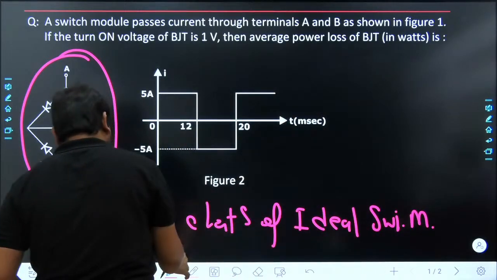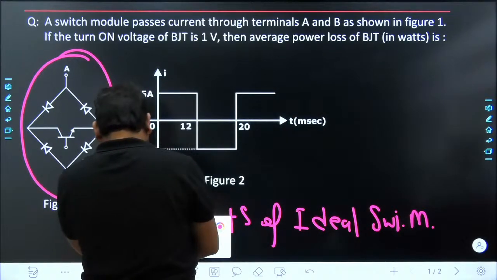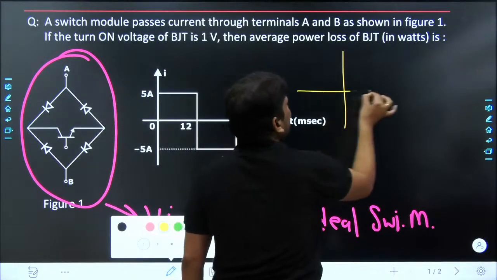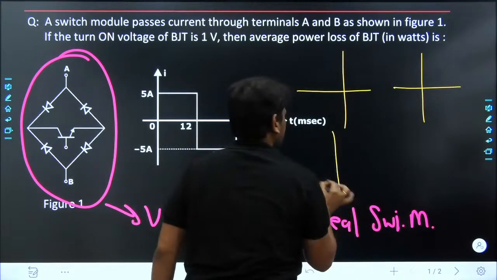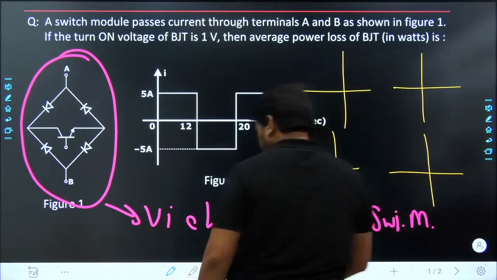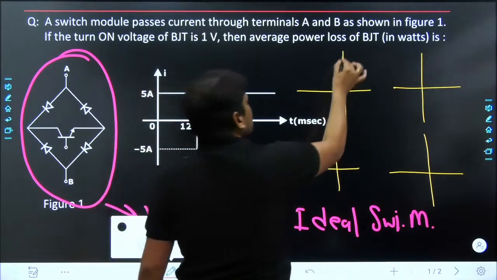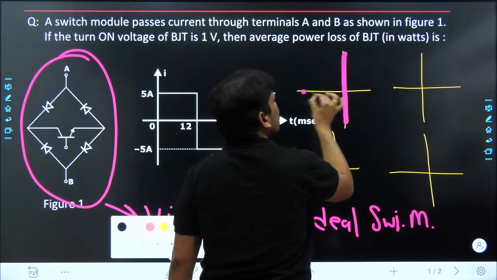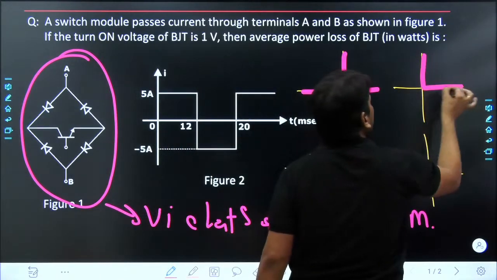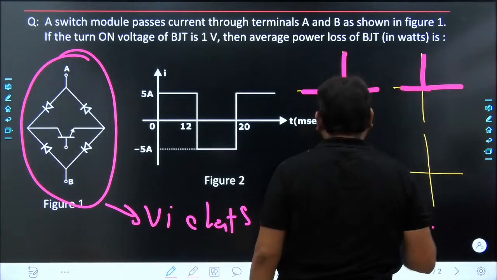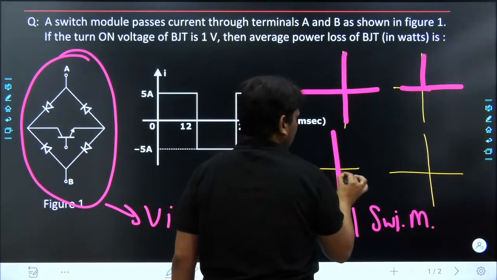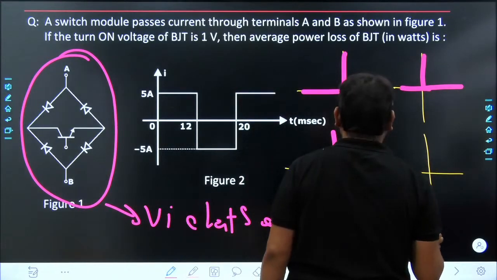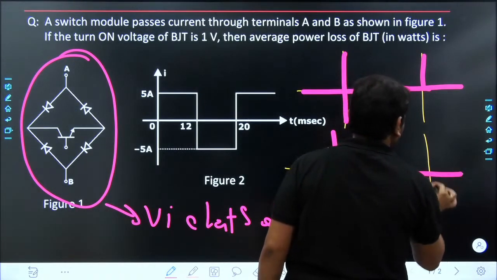And here I want to give you a few options: option A, B, C and D. Something like plus I, plus minus V, and this one, and this one.